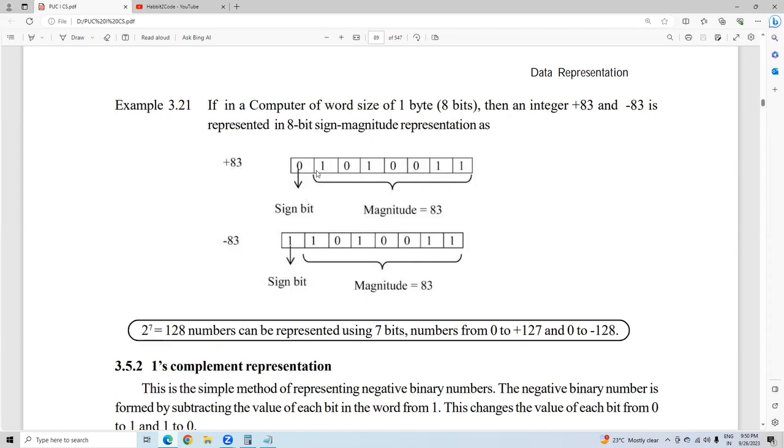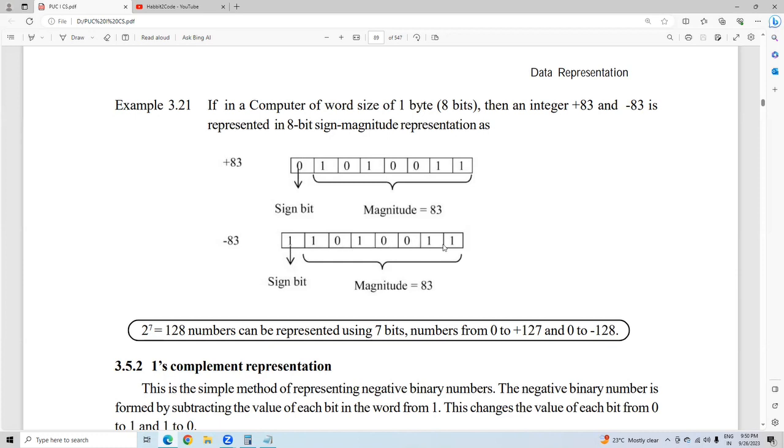First, 83 will be converted to binary, right? Later, 0 will be placed in the first position, indicating that this is a positive number. Similarly, if there is a negative number, here in the first place, the sign bit will be 1 for a negative number. Then your number will be there.